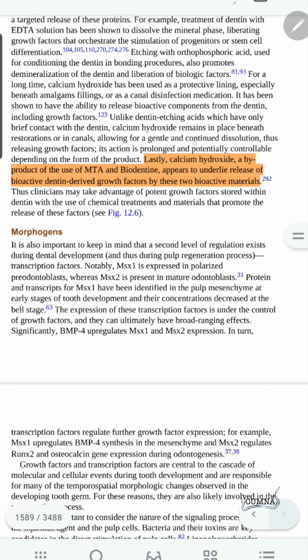We used to use calcium hydroxide as an intracanal medication or an apex block, because we found that this type of material releases bioactive dentin-derived growth factors from the dentinal tubules.